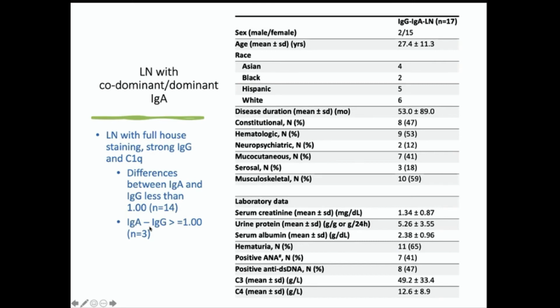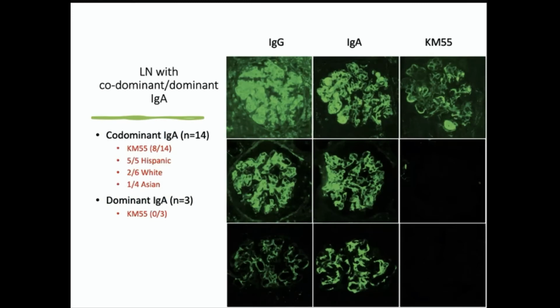And then even the IgA can be brighter than IgG, because I feel like these cases, we still called lupus based on these features, and then we kind of ignored how bright the IgA is. So for these cases, interestingly, we detected three different groups based on the brightness of IgG and IgA.